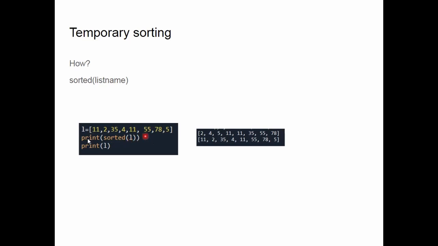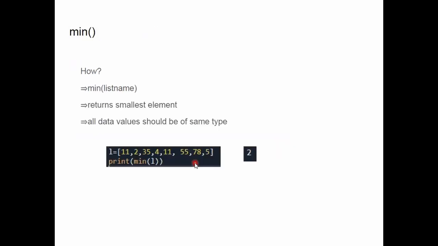We can see this sorted list because of this print statement, and after that it is not going to modify your original list. So if you print your original list, we will get the original content of your list.